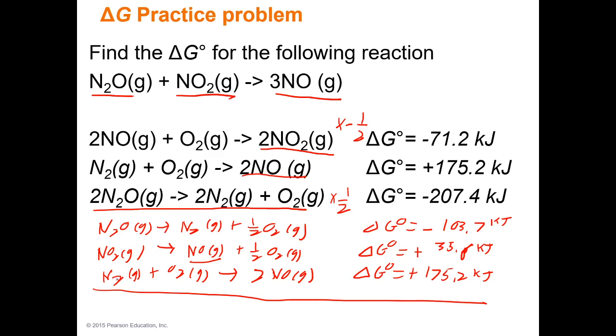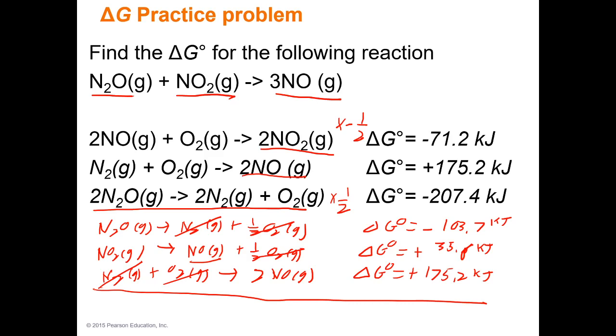I have one nitrogen on the reactant side and one on the product side. Those both cancel. I have one O2 on the reactant side here. I have half an oxygen and half an oxygen. Those add up to 1 as well. Since we have 1 on both sides, they're able to cancel. Note, if you had 2 on one side and 1 on the other, then only 1 would cancel and you'd be left with 1 left over. So that can happen sometimes too.